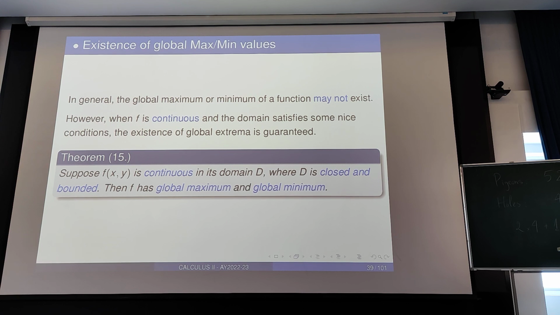Okay, so now we discuss the existence of global maximum and global minimum. Okay? In general, the global maximum and or minimum of a function may not exist unless we consider a very nice domain of the function, or a function on a very special set of values of (x, y).